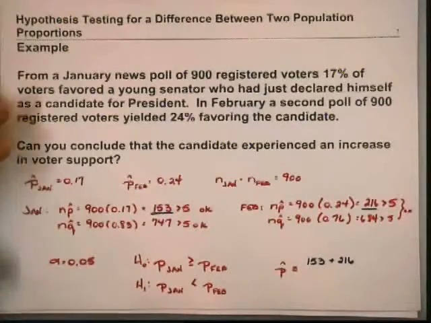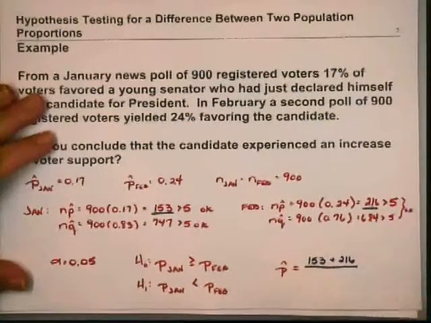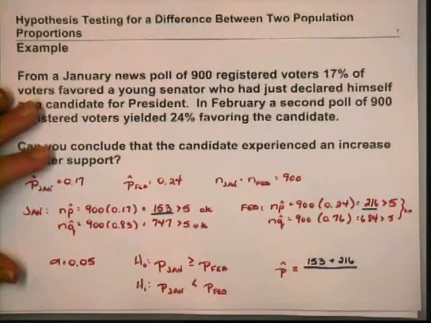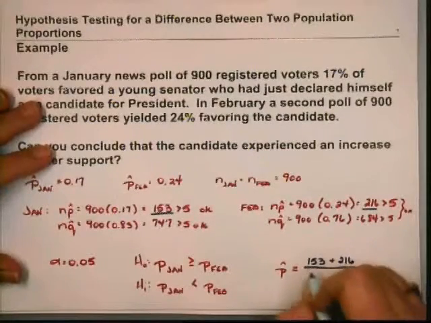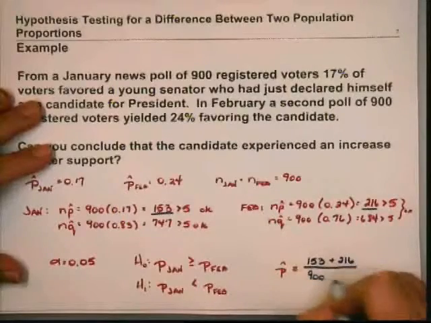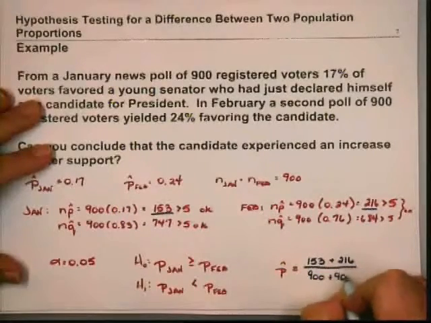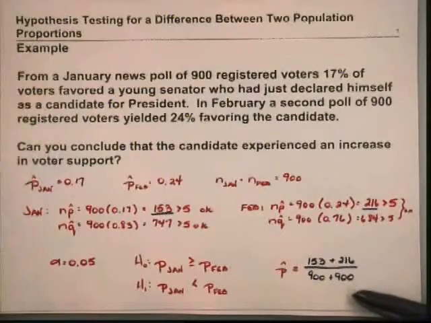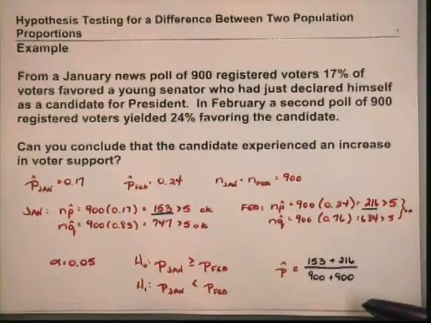Okay, and then this would be divided by 900? No, should be divided by 900 plus 900, right? Now here the sample sizes happen to be equal, but if they weren't, we'd want to combine those. Look at in our combined sample sizes, how many total successes did we have? So y1 plus y2 is total successes, n1 plus n2 is our combined sample size.